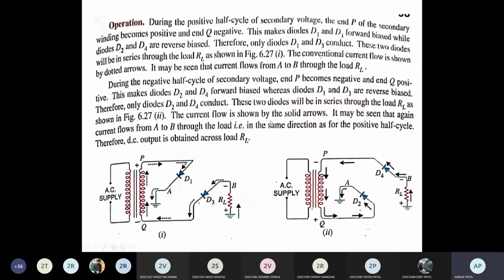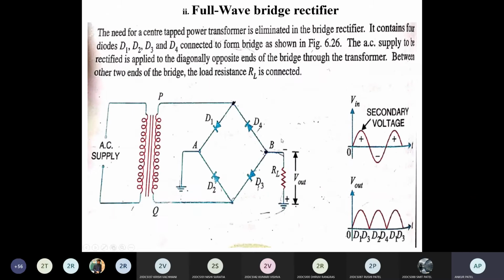Okay, so anyone having doubt regarding this operation, full wave center tap, full wave bridge rectifier? Okay, in practicals, you will get this waveform in the oscilloscope CRO.